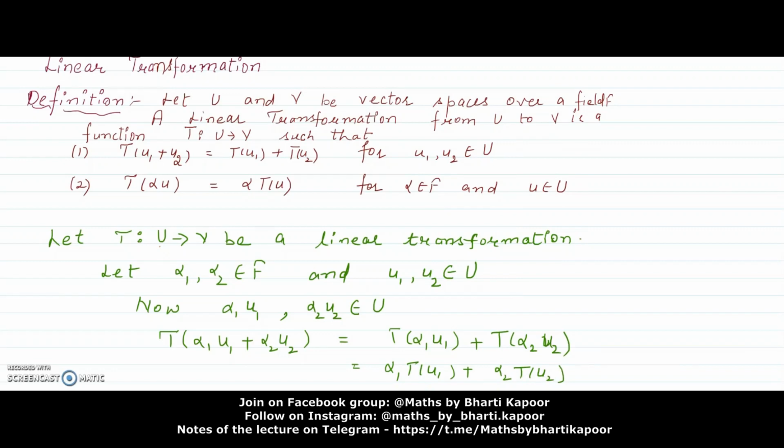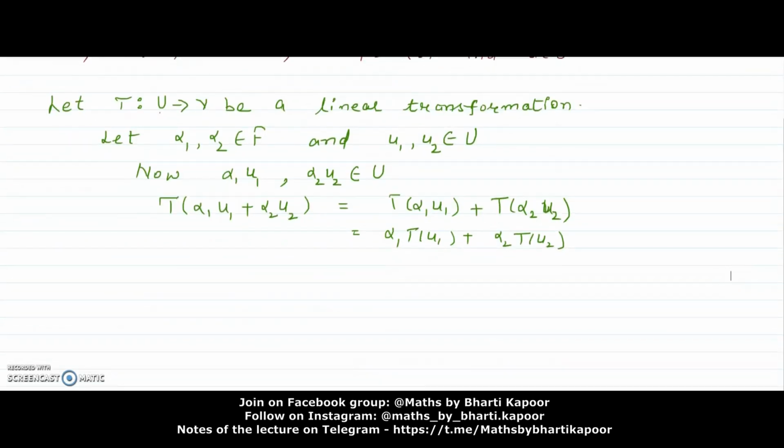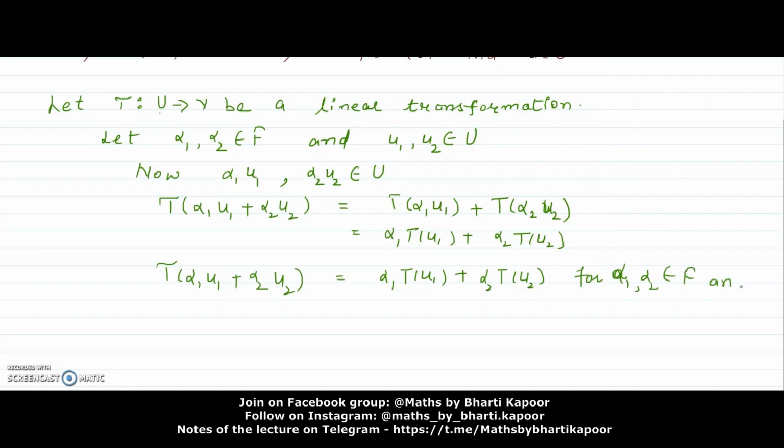This means the two properties given in the definition of linear transformation can be combined to give one equivalent condition, which is T(alpha 1 U1 + alpha 2 U2) = alpha 1 T(U1) + alpha 2 T(U2) for all alpha 1, alpha 2 belonging to F and U1, U2 belonging to U.